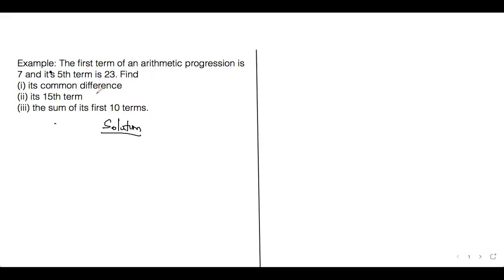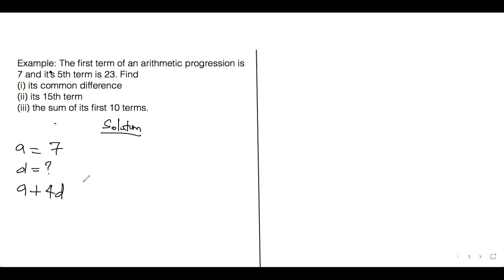Let's list what we have. From the question, we are given the first term, A, that's 7, and the fifth term is 23. For an arithmetic progression, AP, there will be a common difference, D. We are not given it here, but we know that the fifth term can be written as A plus 4D.